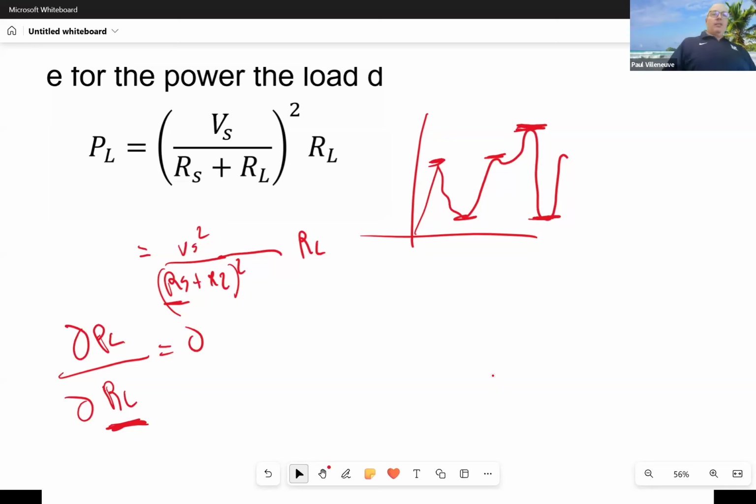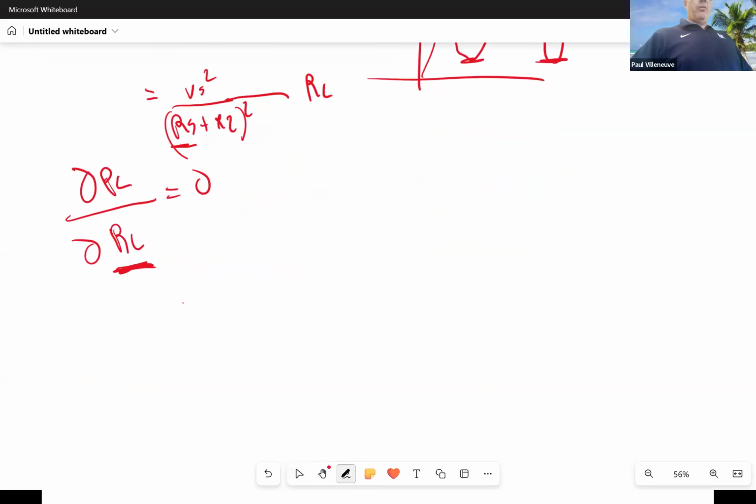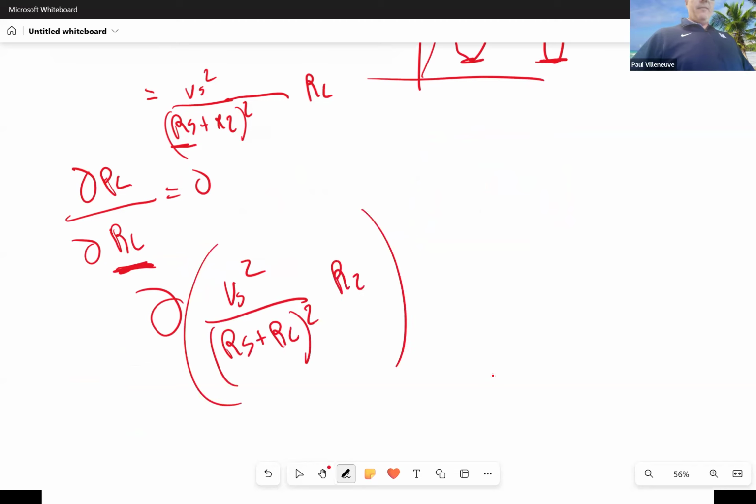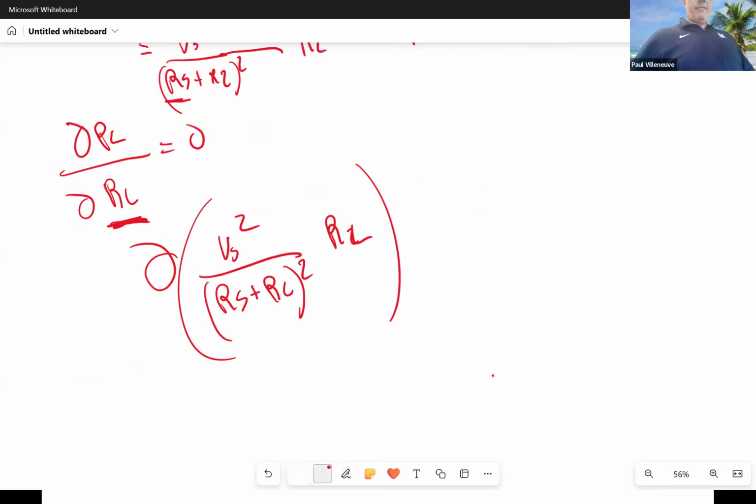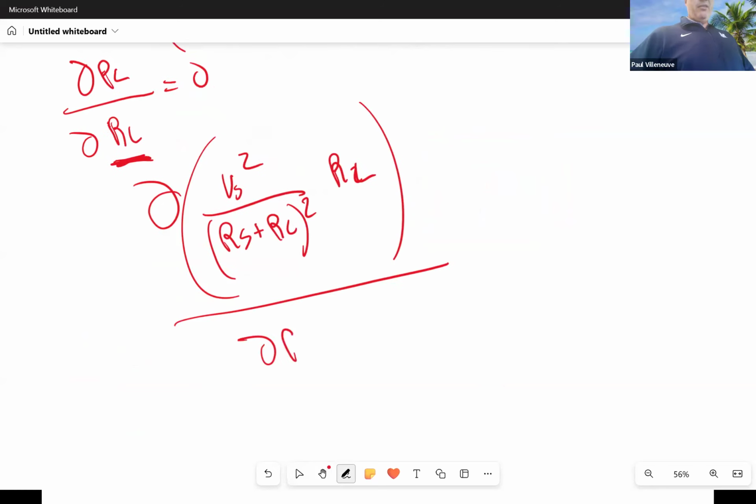Okay. So we need to take the partial derivative of VS squared over RS plus RL squared times RL with respect to RL. And then we'll set that equal to 0, and we'll go ahead and do that.